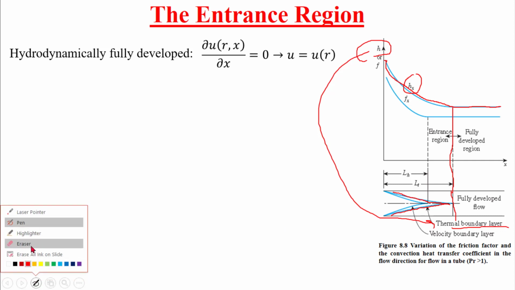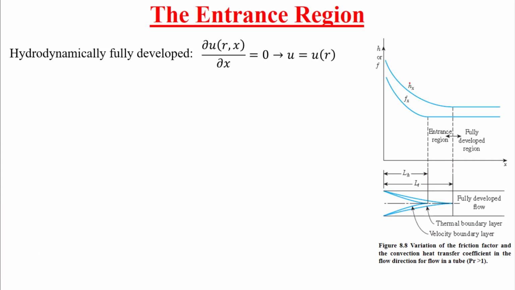Once both profiles become constant, from this location onward, we call this region the fully developed region, meaning hydrodynamically and thermally.